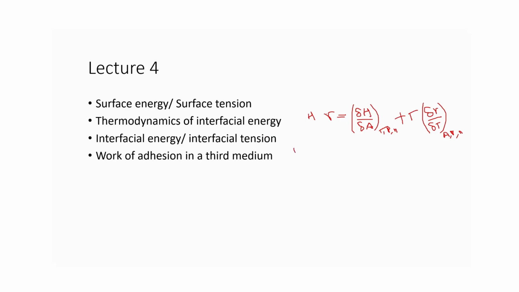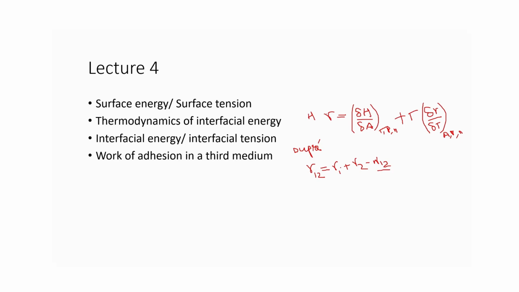Here comes the Dupre equation, where surface tension between 1 and 2 is given by surface tension or surface energy of 1 plus surface energy of 2 minus W12, which is basically work done to separate two different liquids or work of adhesion.